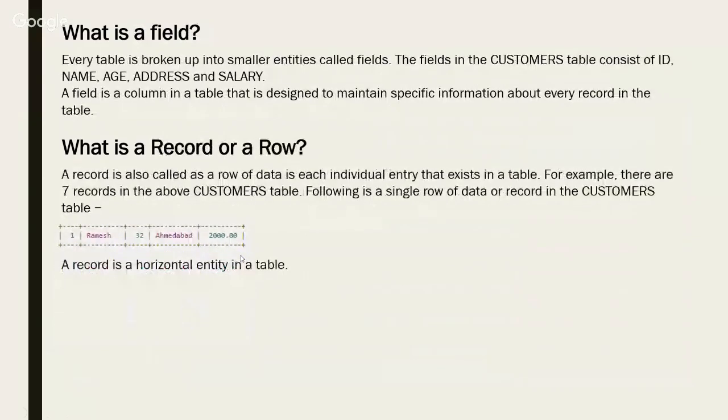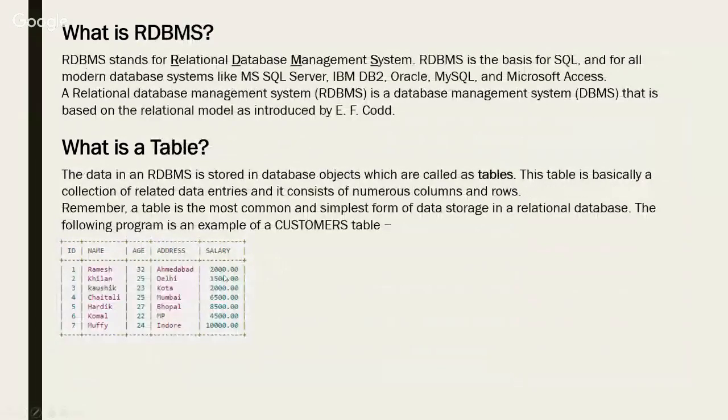Now, what is a record in a table, or a row? We know that rows are these things, like we have ID 1, there's a name, there's age, address, and salary. So this complete thing is known as one record or a row. And similarly, we have a lot of rows and a lot of columns, fields in a table.